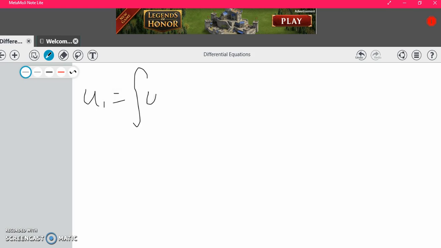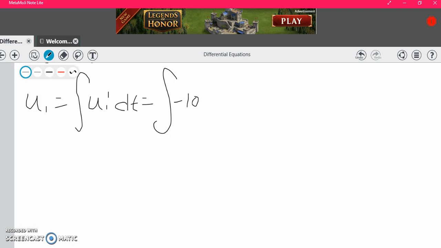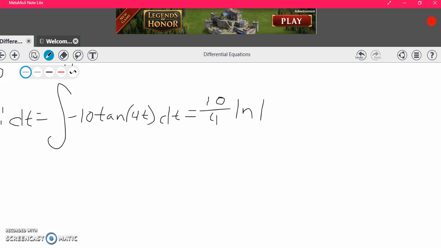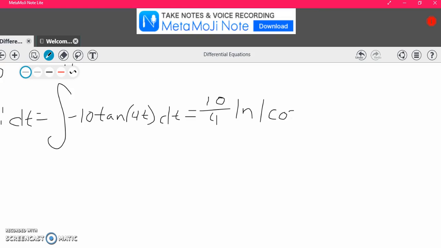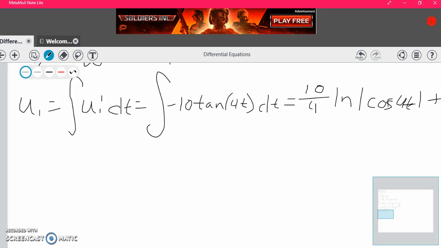Got to take the integral of u1 prime dt, which is equal to the integral of negative 10 tangent 4t dt, and that is equal to 10 over 4 ln, the absolute value of course, cosine 4t, and then you'll obviously have to have your constant at the end.